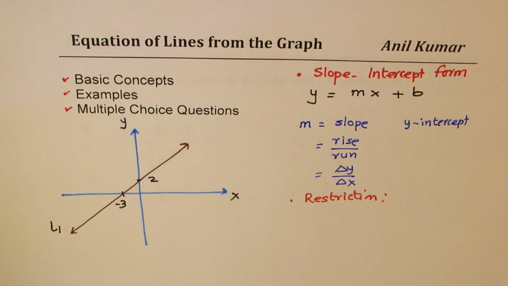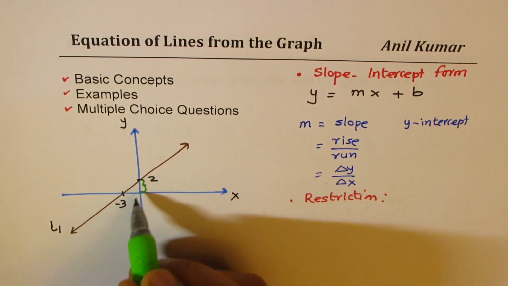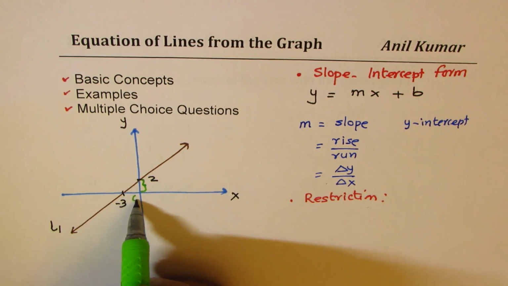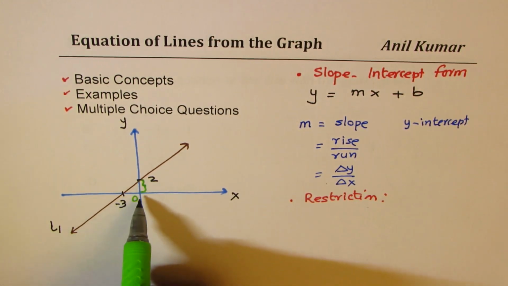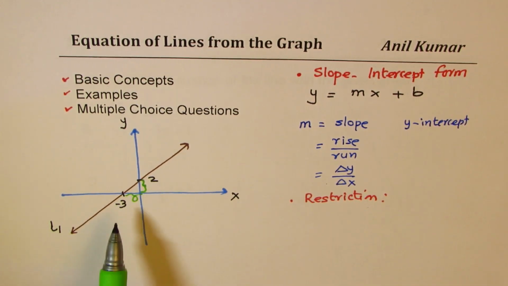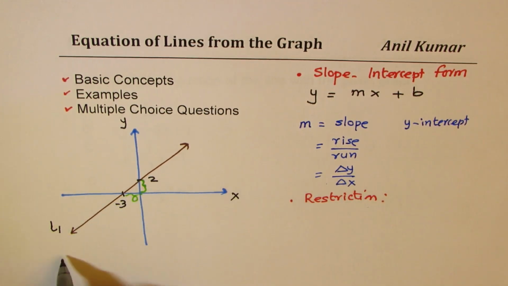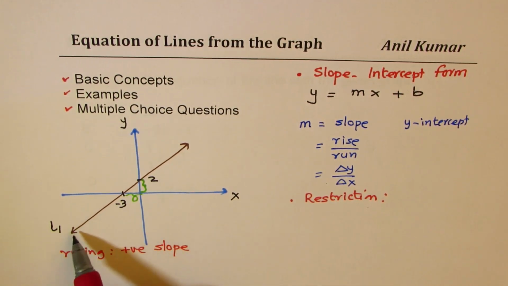How about the slope? Slope is rise over run. That means change in y, which is right here, from 0 to 2. So rise is 2 and run is from minus 3 to 0, run of 3. You should remember that rising lines mean positive slope, right? No confusion.